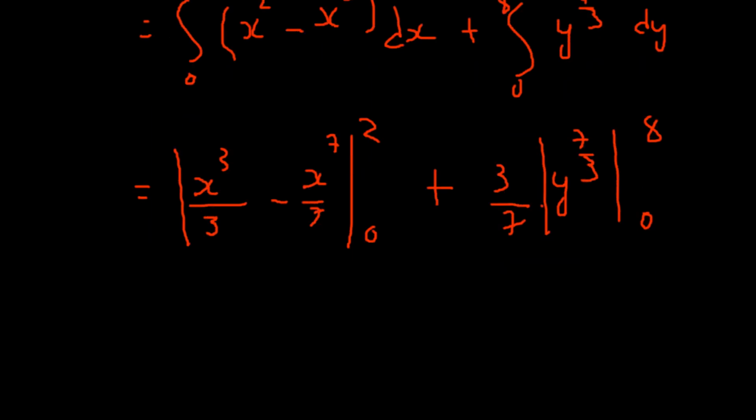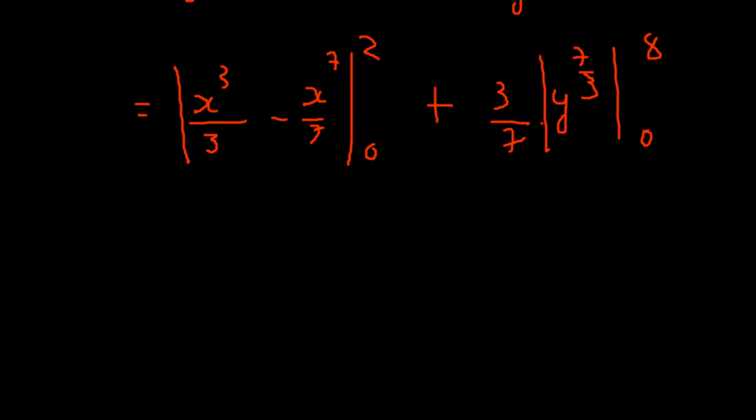Now let's put the limits here. When you put 2, you get 2 to the power 3 by 3 minus 2 to the power 7 by 7.